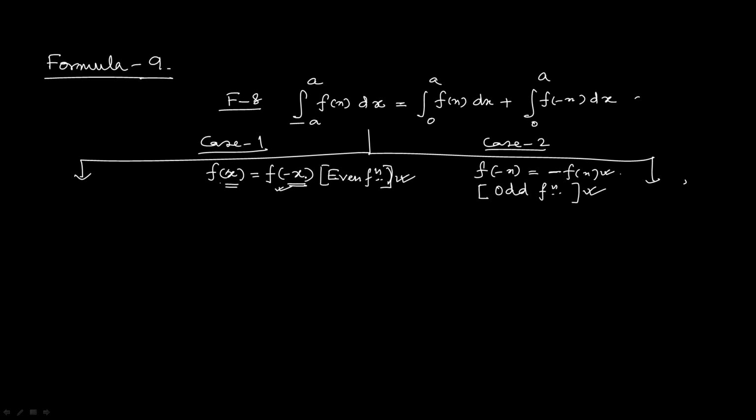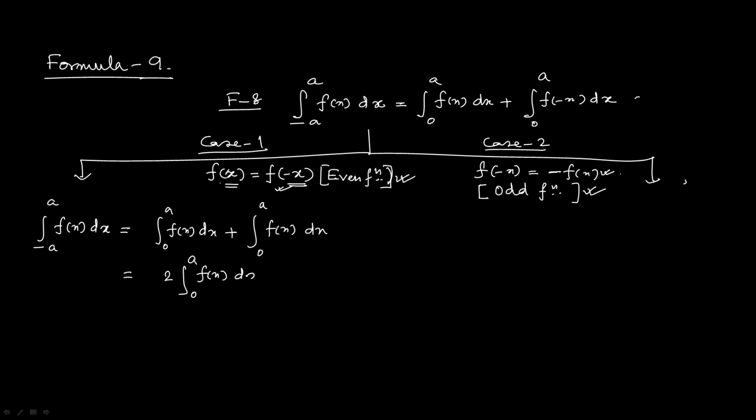So when this happens, what will be the value of this? Obviously this will be the integral from 0 to a of f(x) dx, and putting f(-x) as f(x) gives another integral from 0 to a of f(x) dx. So this is 2 times the integral from 0 to a of f(x) dx. Now what about the next one?